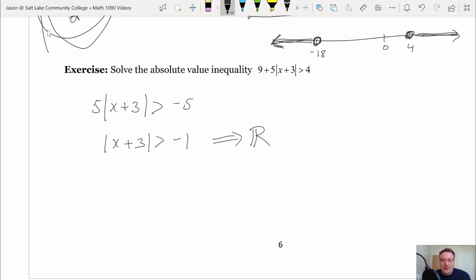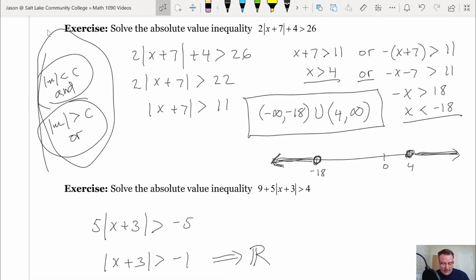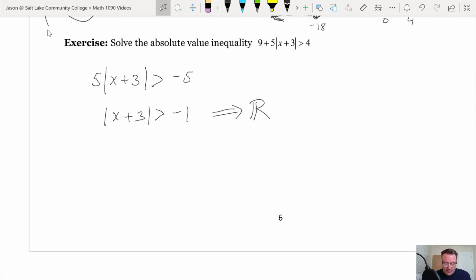If you don't believe me, let's do it out using the connective, right? Remember, when we have this case, we want to use the or connective. So let's do it out, and we'll see that any number works. Okay? Any number will satisfy the inequality.